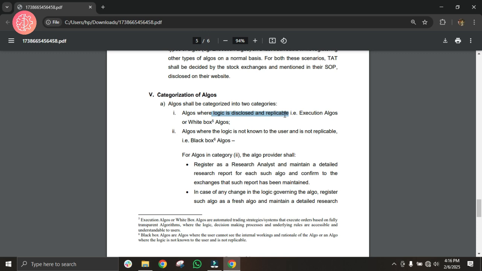At the same time, there is also a black box algo. A black box algo would be something like a marketplace strategy of Tradetron, where as the end user, you don't know what the next trade could be, which instrument it would be taken in, and at what time it would be taken. So the logic is hidden from you.